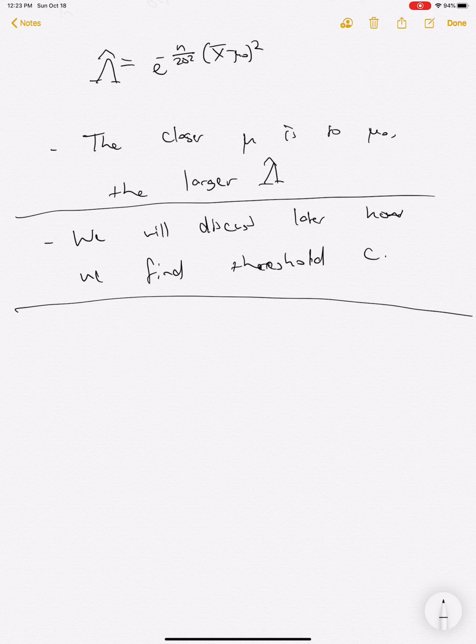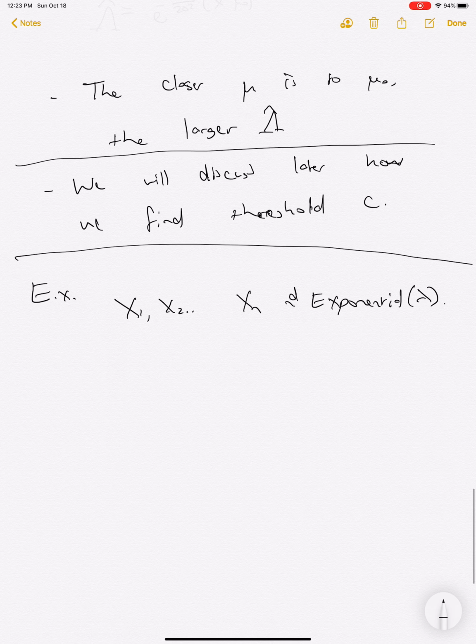Let's do another example. Here we've got x1 through xn from an exponential distribution with parameter lambda.